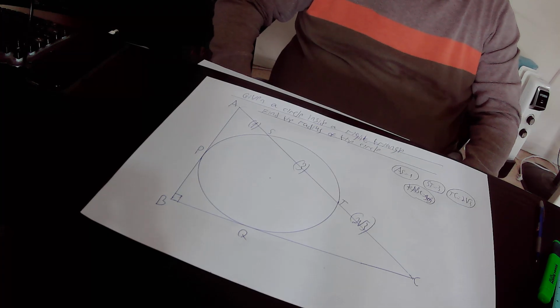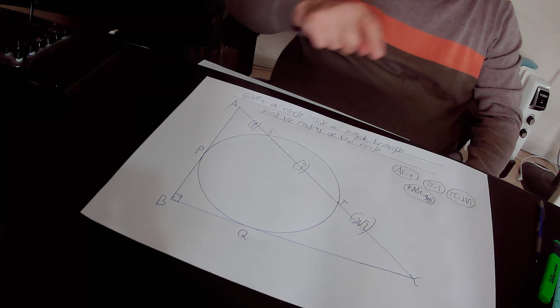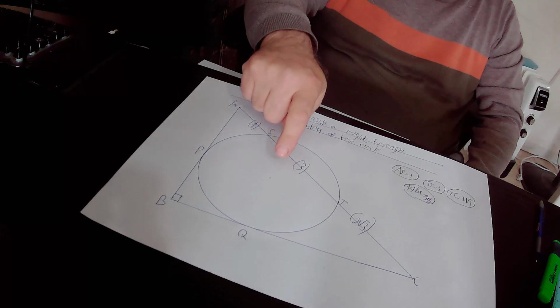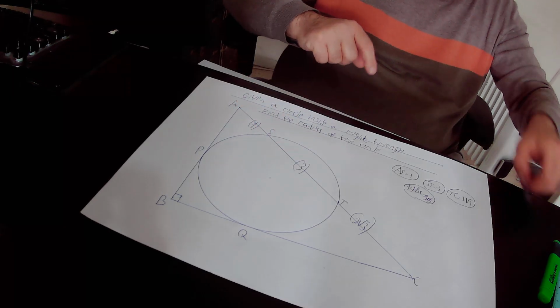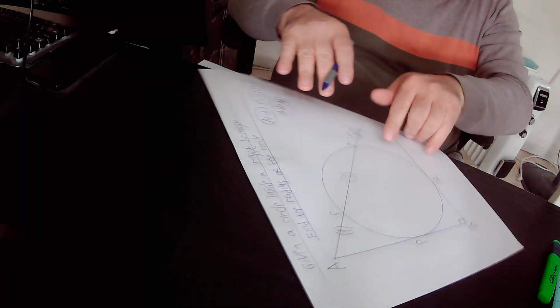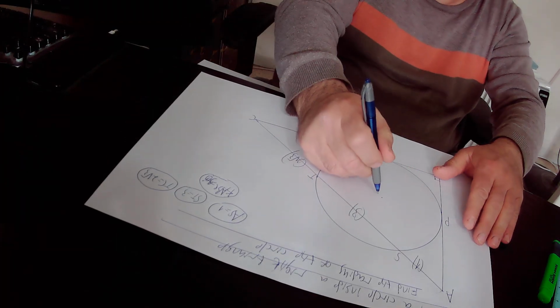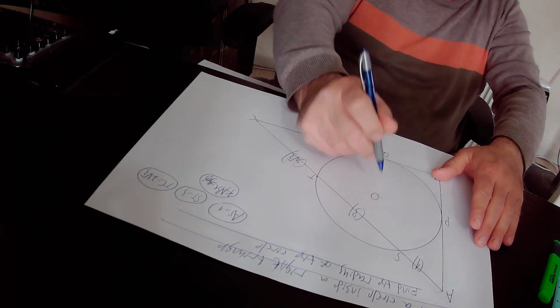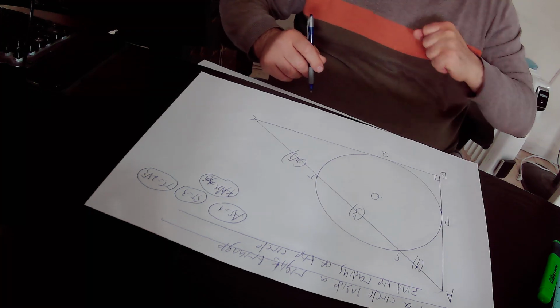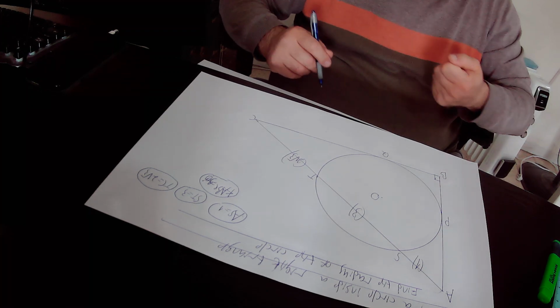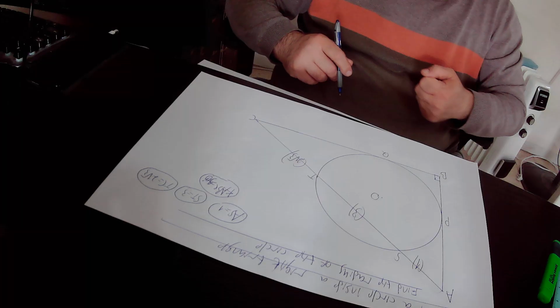So first of all, we'll define the center of this circle, this point, as O. And we'll define the radius of this circle, that is the radius that we are looking for in this question, as x.